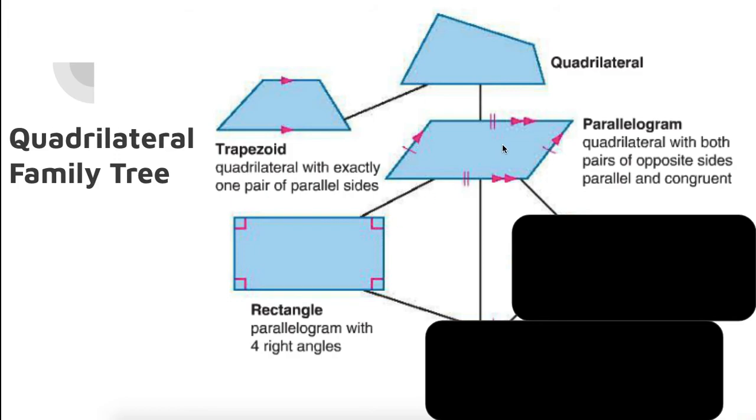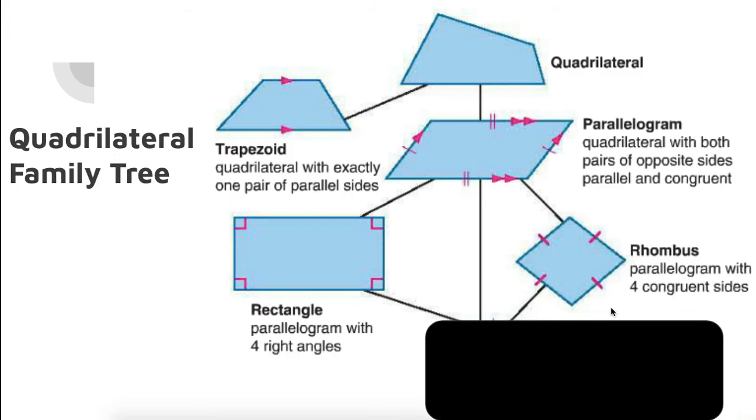Then a parallelogram also can become a rhombus. So a rhombus is a parallelogram, meaning that again, its opposite sides are both parallel and congruent. But what makes it specifically a rhombus is that all four sides are congruent. Okay, so all four sides are equal in length.